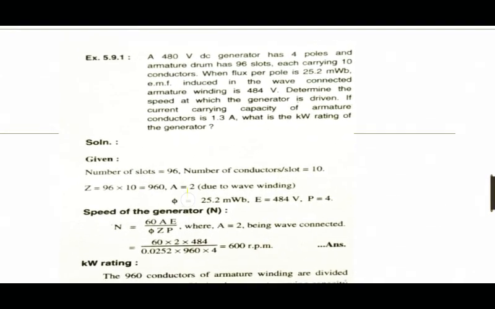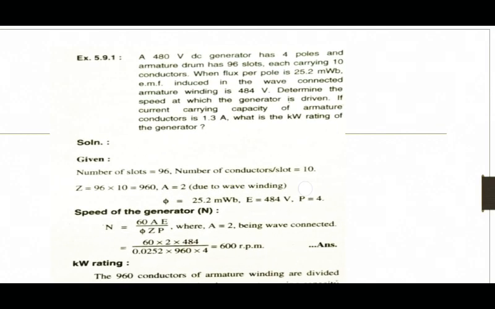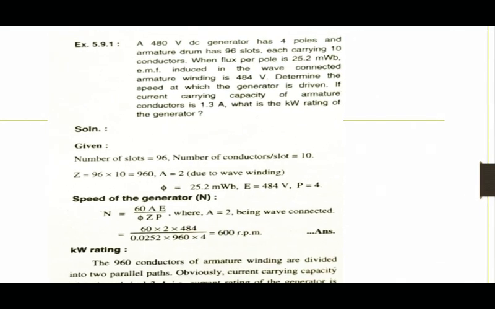For the solution, first the number of slots given is 96, and the number of conductors per slot is 10, so we will find Z. Z is equal to 96 into 10, which gives 960. A is equal to 2 due to wave winding, so that is why we are taking A is equal to 2.